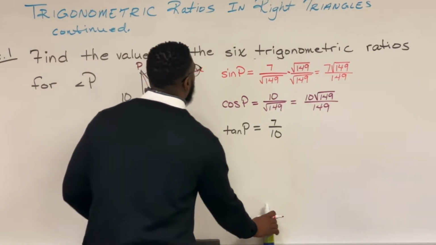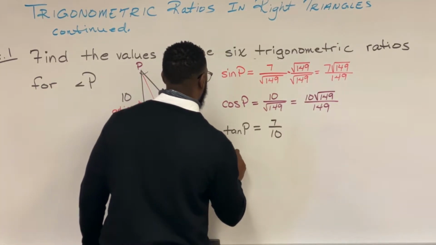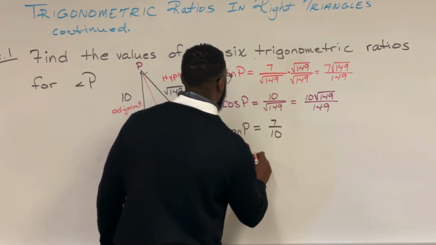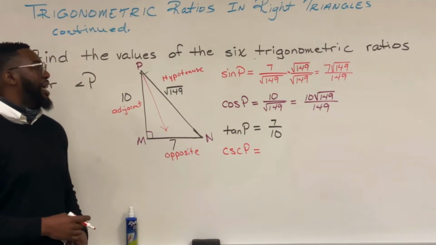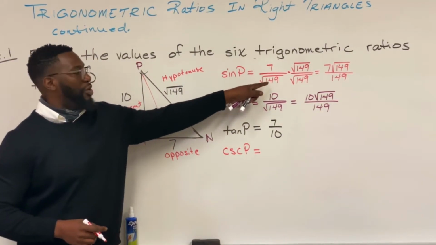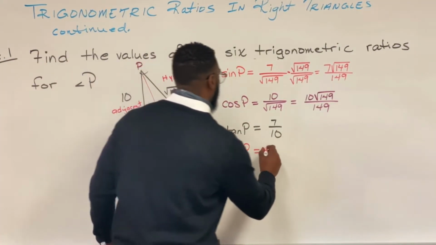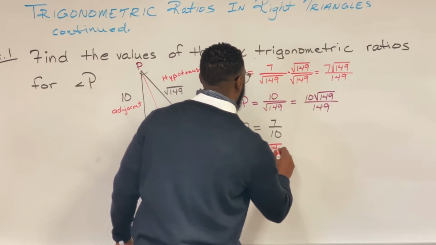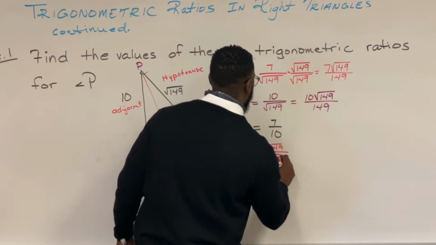Next we have cosecant. We know that cosecant is the reciprocal of the sine, so we take the sine from this point. Basically the cosecant will be the square root of 149 over 7.